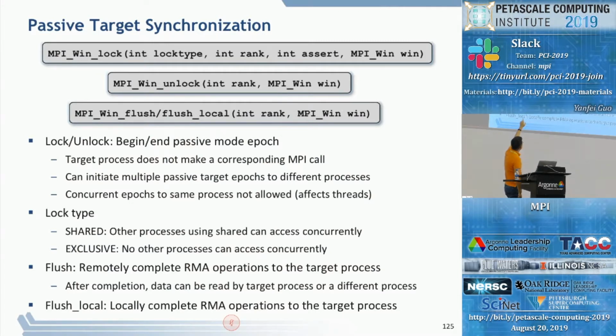For the origin process, you say I want to lock a target rank on this window, and I'm going to provide an argument called lock type. There are two types of lock in MPI: shared lock and exclusive lock.